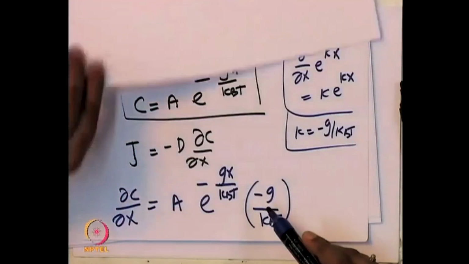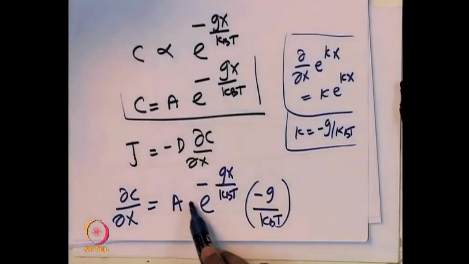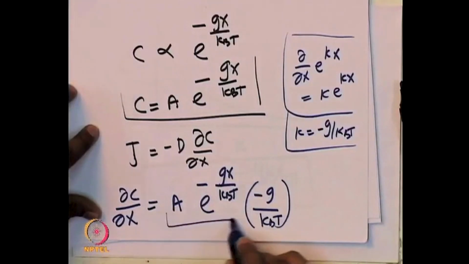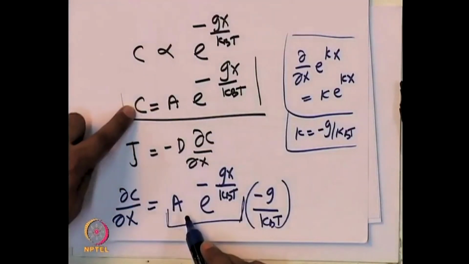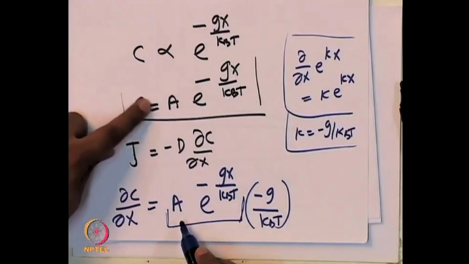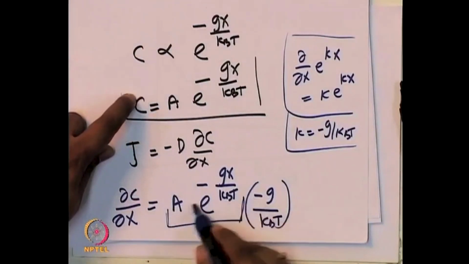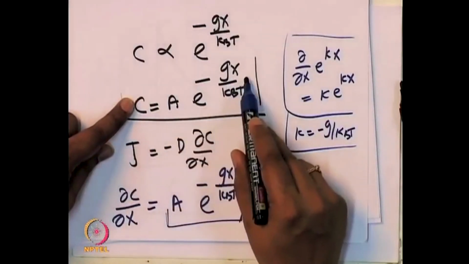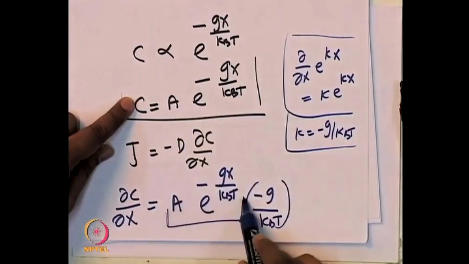Now, look at here, what is this A e power minus gx by kbT? This part is C itself. C is A e power minus gx by kbT.